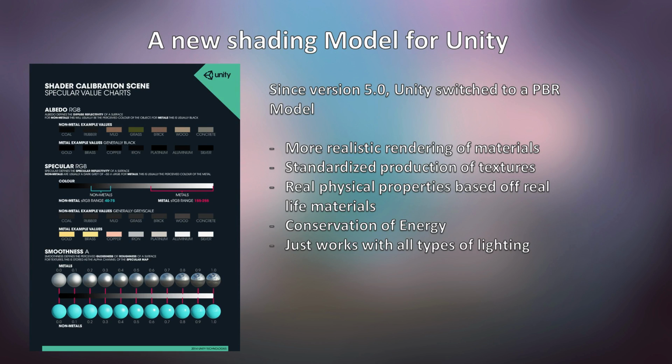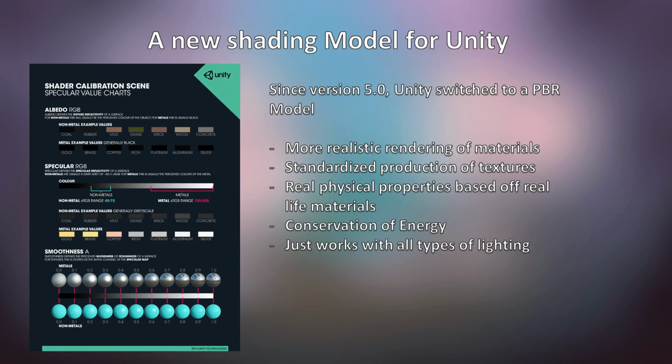So it is a standardized production of textures, which means that every texture that you will make in Substance or any other package, and that will be made for PBR, will be rendered absolutely perfectly in the engine. So you don't need to tweak your textures like you were doing in version 4.0.